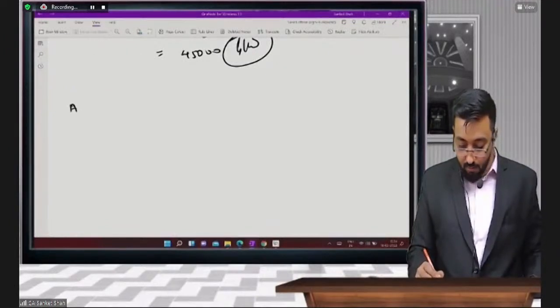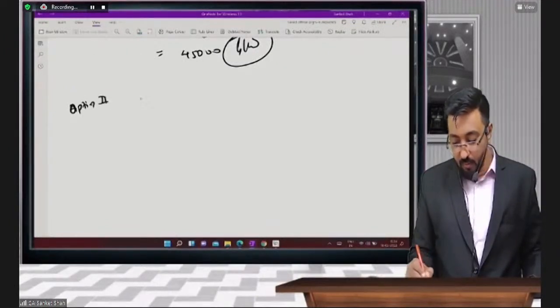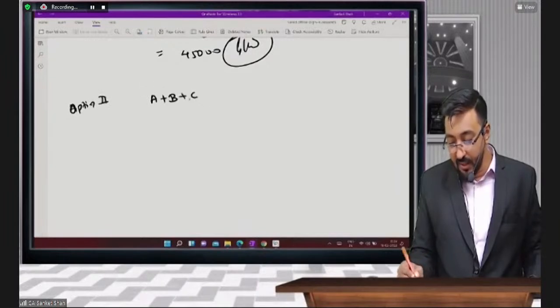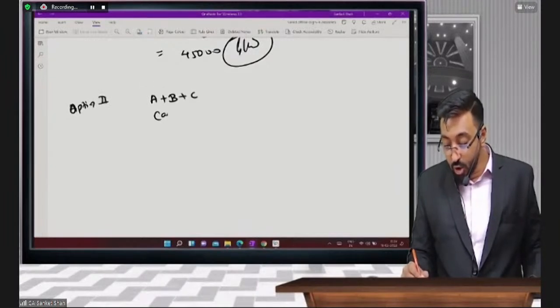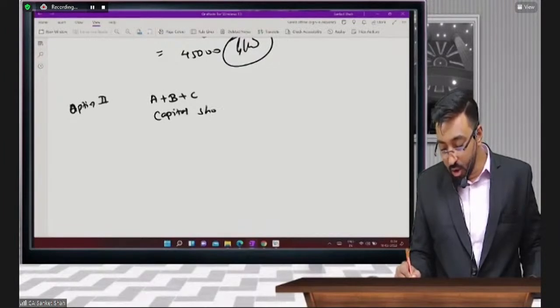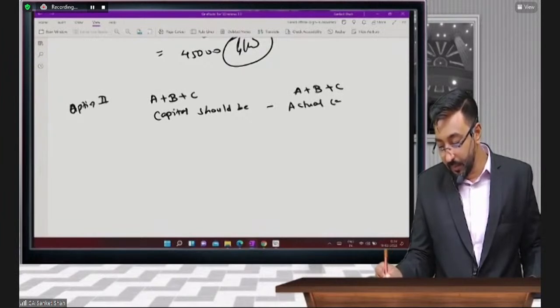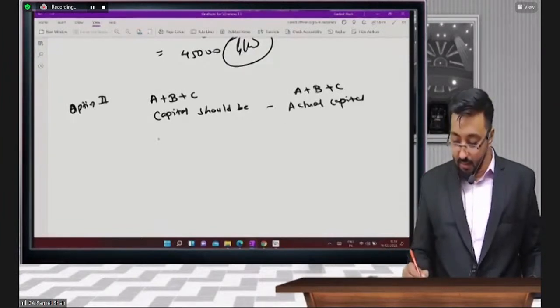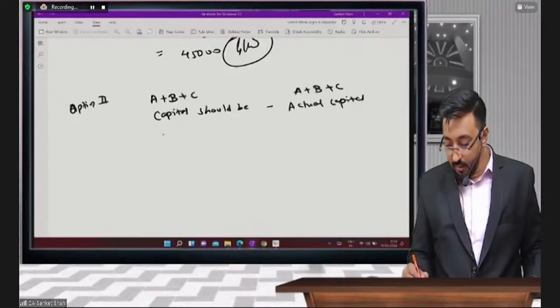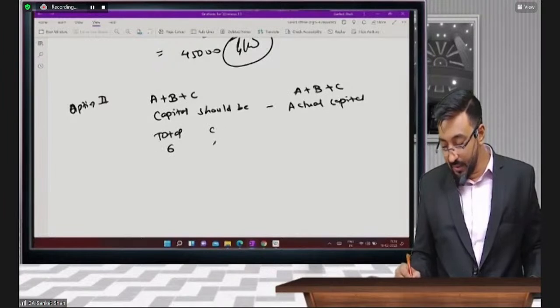Option number 2. A plus B plus C, capital should be, and A plus B plus C, actual capital. For should be, total 6 chocolates. Out of that, C is 1 chocolate.